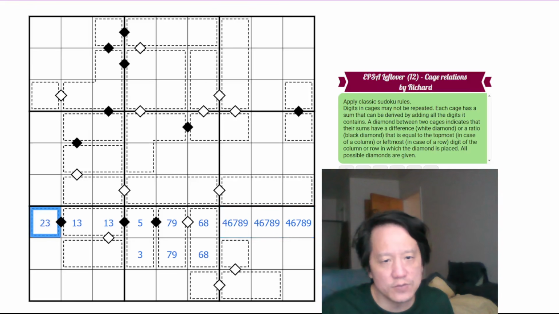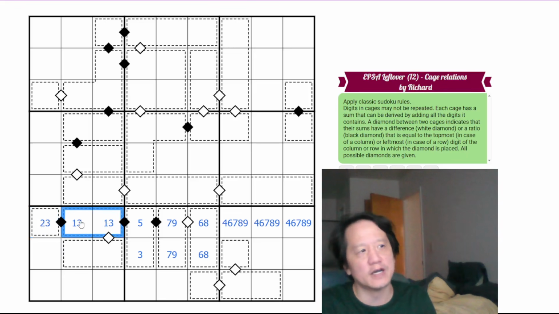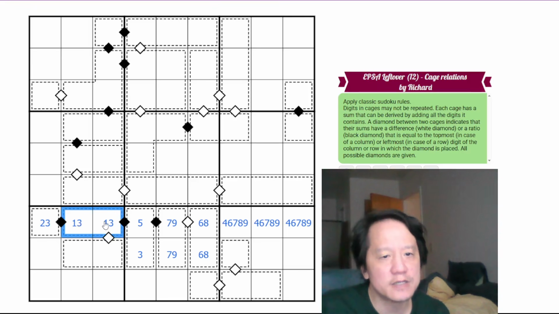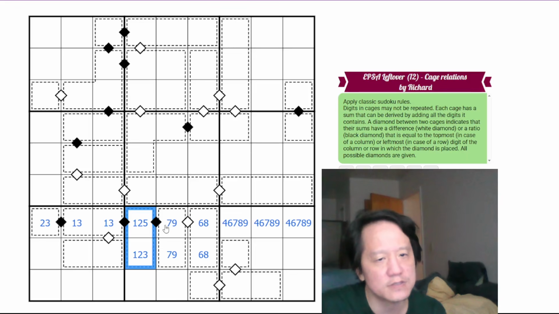If that's 2. If this is 3, this must add up to 9. 9 times 3 would be 27, but that doesn't work. So it would have to be 9 divided by 3. So then this would be a 1-2 pair in that instance. And then 3 times 3 again would be 9. So this would be 1, 2.